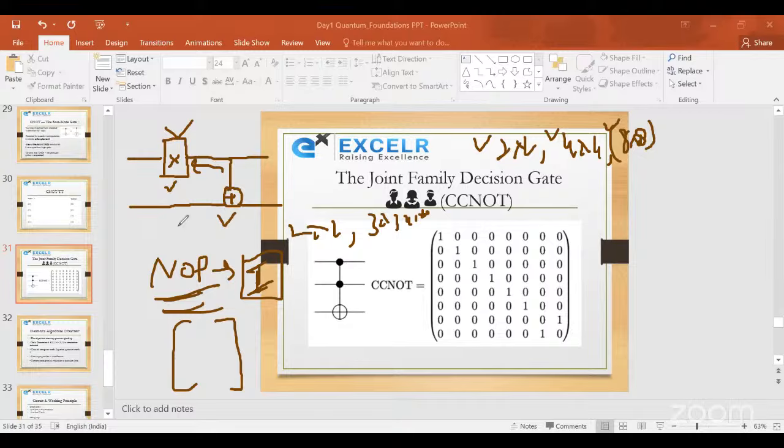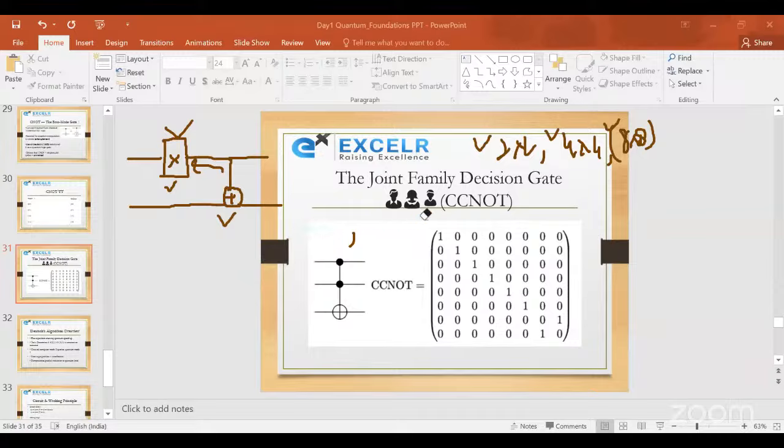So to resolve this problem, we can install an identity gate here, called a no operation gate.